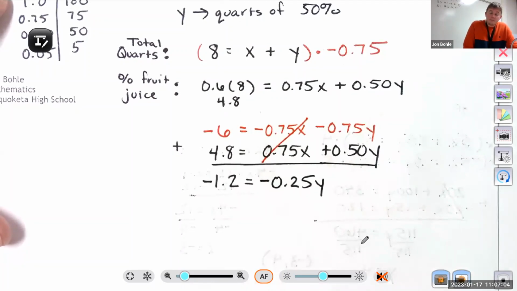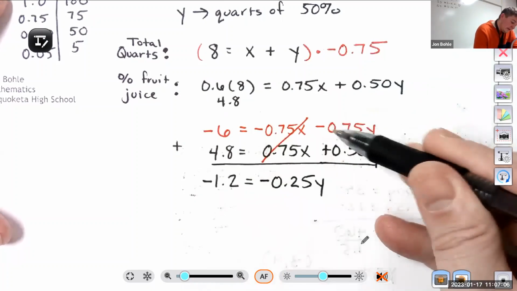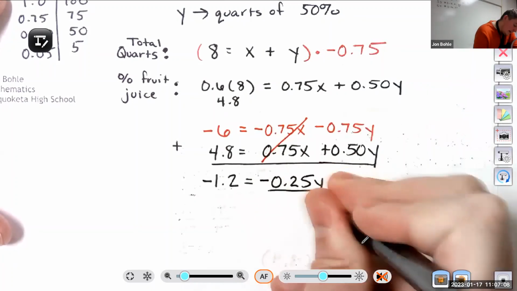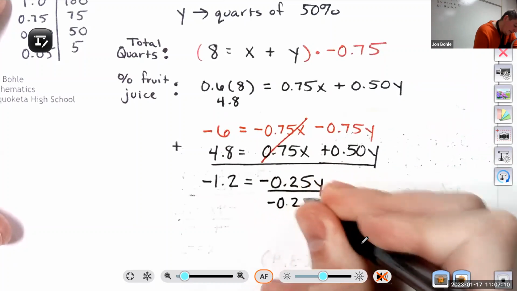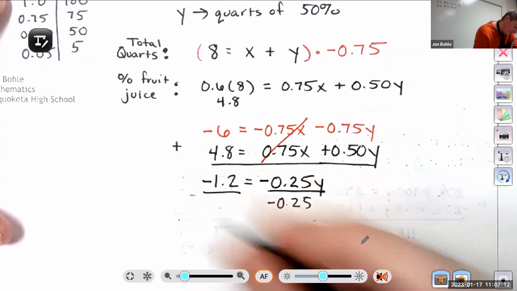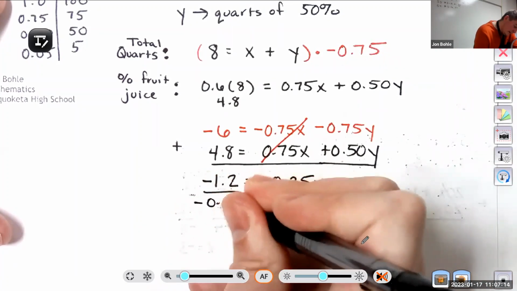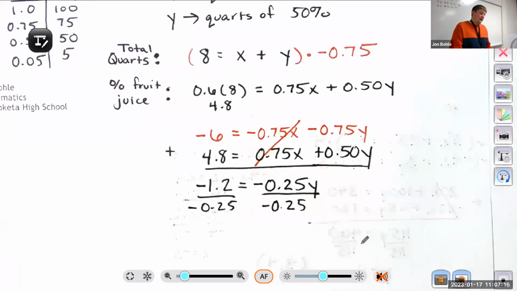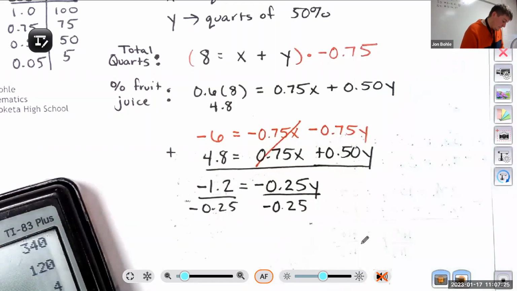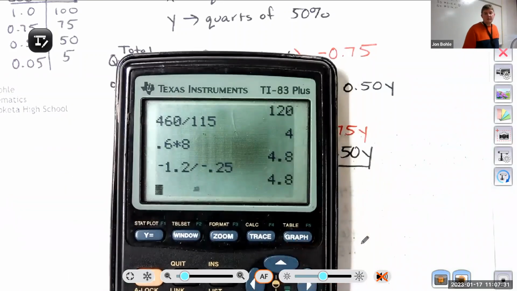Just add if you don't know. Negative in your calculator. Then I can divide by negative 0.25. Oh, 1/4. This is times by 4. So this might be 4.8. Take my calculator. It did end up being 4.8.